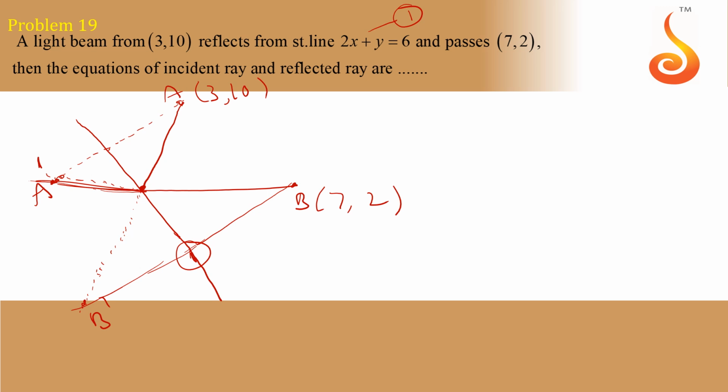Then this B dash will be on the incident ray and A dash will be on the reflected ray. So simply two image formulas, you do the image twice. For A, image with respect to 1, this A dash. For B, B dash. Then the incident ray will be AB dash and the reflected ray will be BA dash. Equations I want. So after getting the images, use the two-point formula to get the equations of the incident ray and reflected ray.